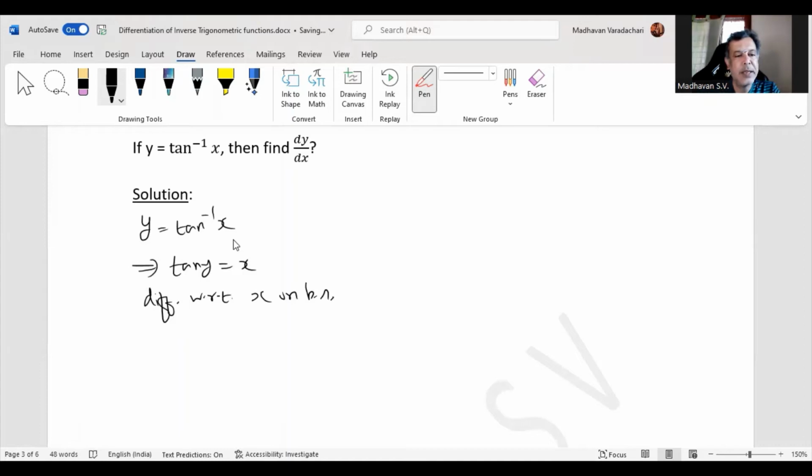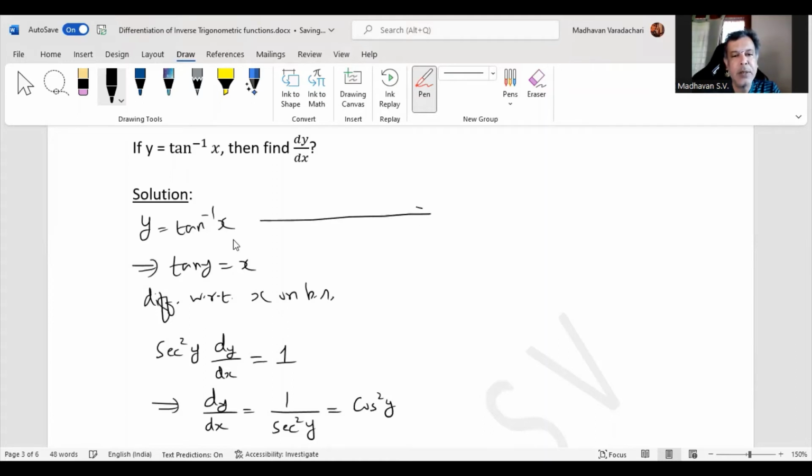If I differentiate tan y, it is secant square y, and then since it is a function of x, we have to multiply dy by dx, is equal to 1, or we can say dy by dx is 1 divided by secant square of y. And 1 divided by secant square of y is nothing but cos square y. Now, let us come back to this.